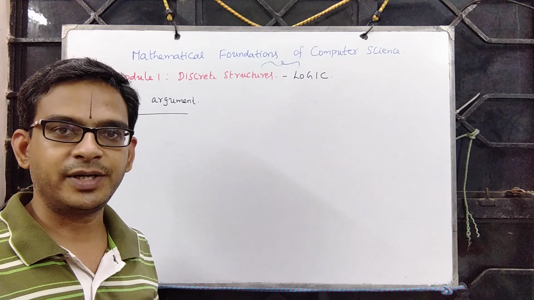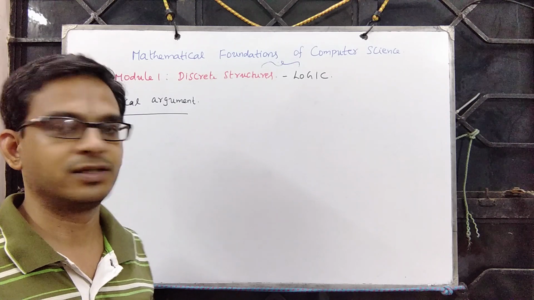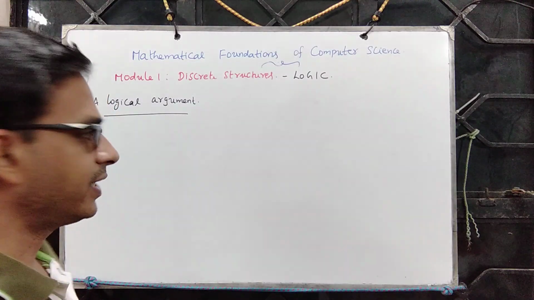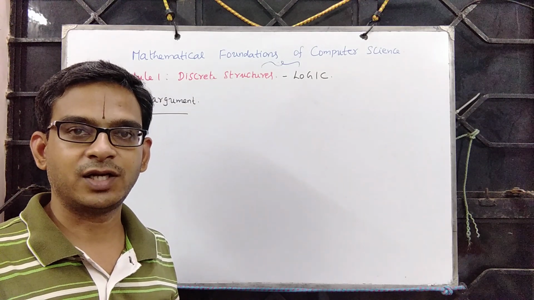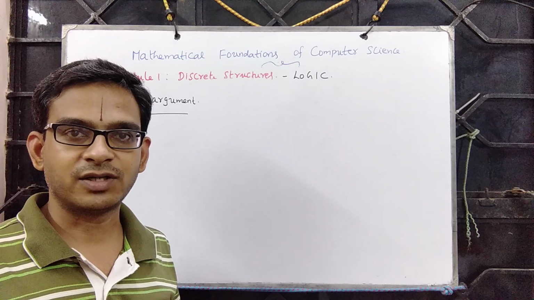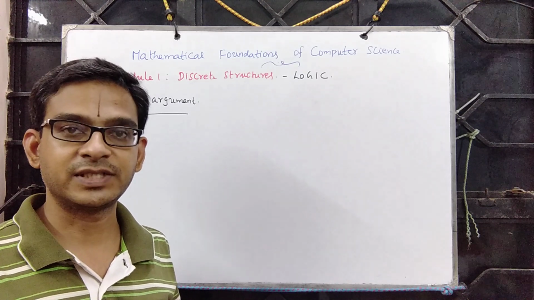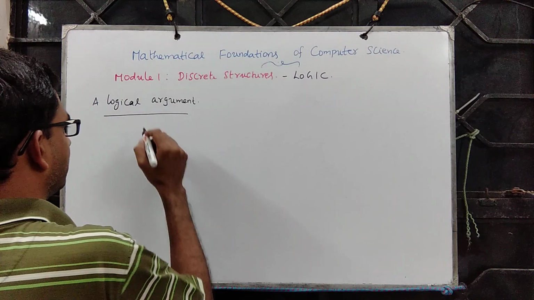When there is an argument between two professionals, you see there is a logic in it. So we appreciate the argument, or we associate whether the logical argument makes sense or not because of the presence of logic. So logic plays a crucial role.